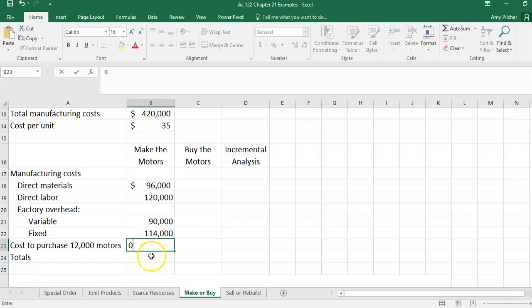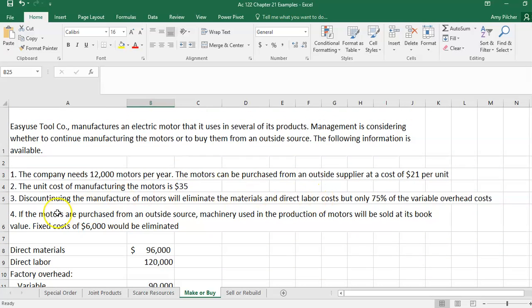Doesn't cost us anything to buy those parts, because we're making them in-house. So our total manufacturing cost for making the motors is $420,000.